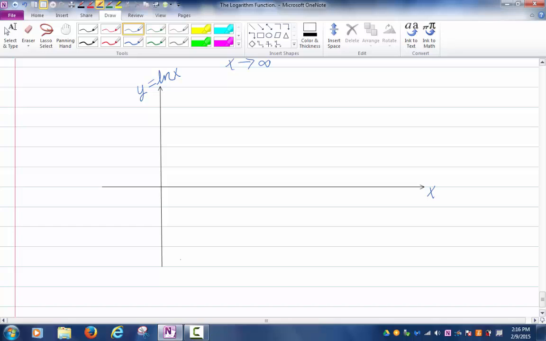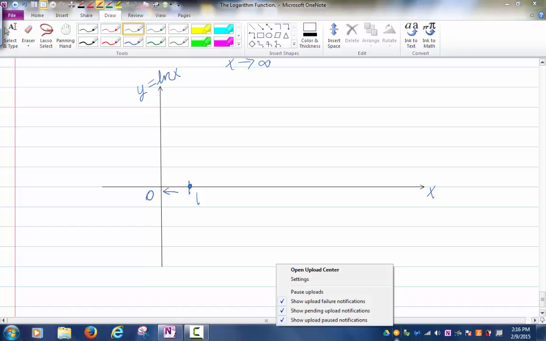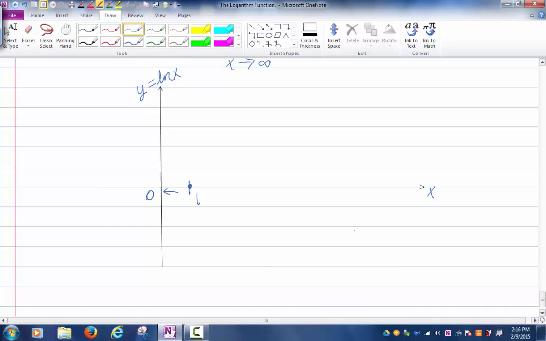Alright, so here is 1, let's say, and at 1 we get the point (1, 0). What's happening at 0? So here is 0. We know that as x gets closer and closer to 0 from the right, the function blows down to negative infinity. It means I have a vertical asymptote at the y-axis, right? So I know that it is like this.